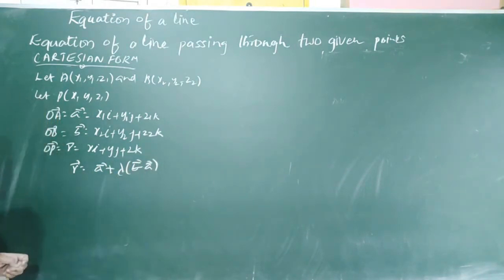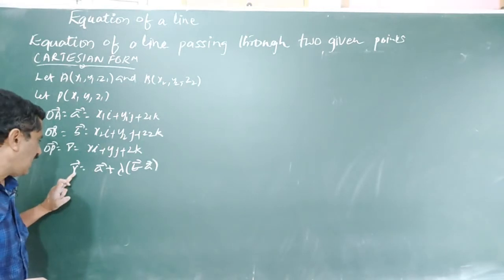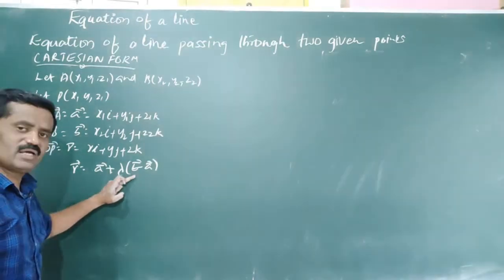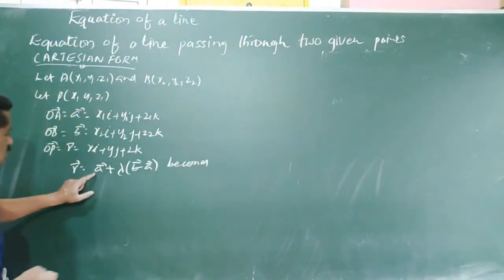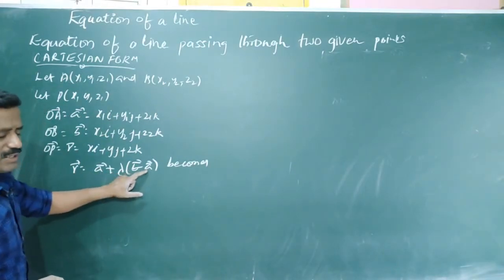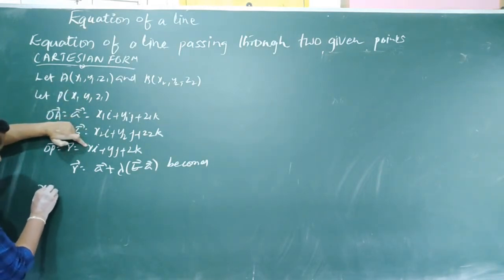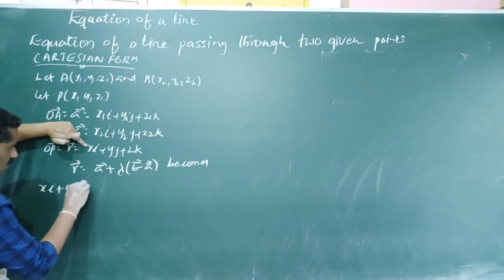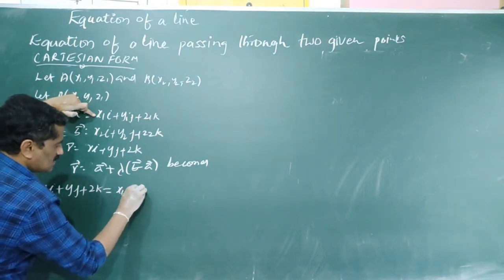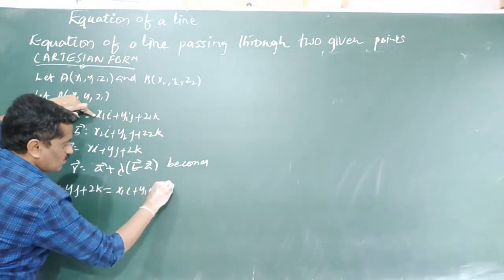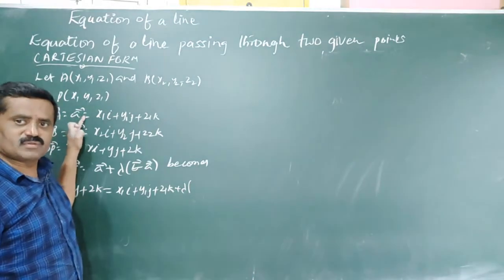Now the vector equation becomes, substituting the values of R bar, A bar and B bar minus A bar: xi plus yj plus zk is equal to A bar, that is x1i plus y1j plus z1k, plus lambda of B bar minus A bar.